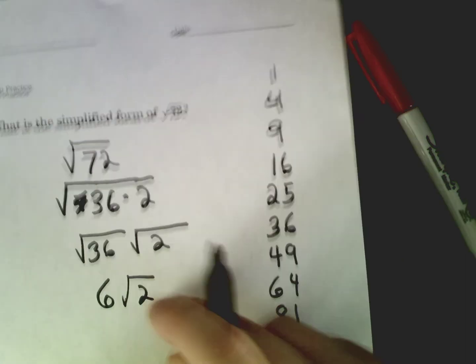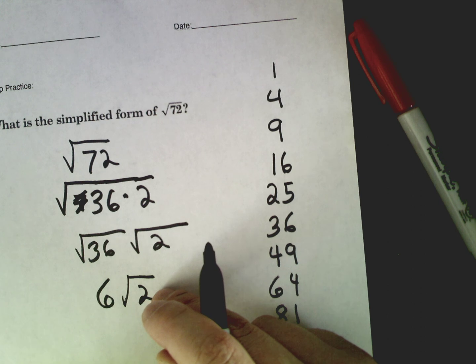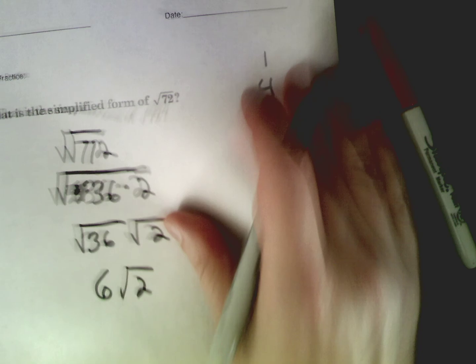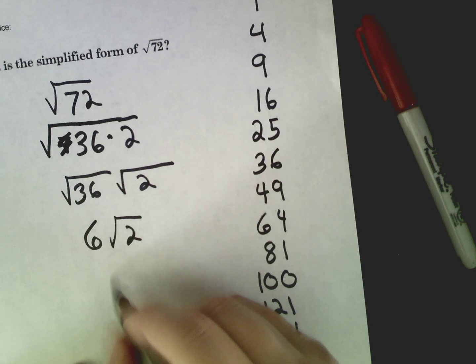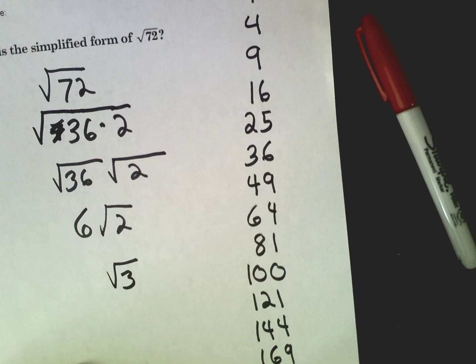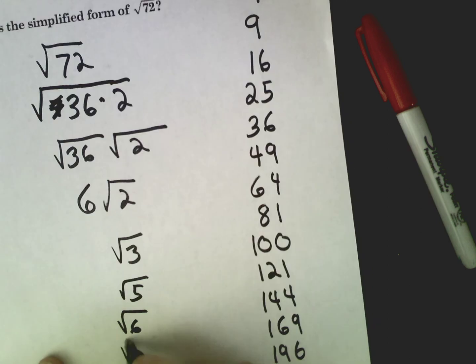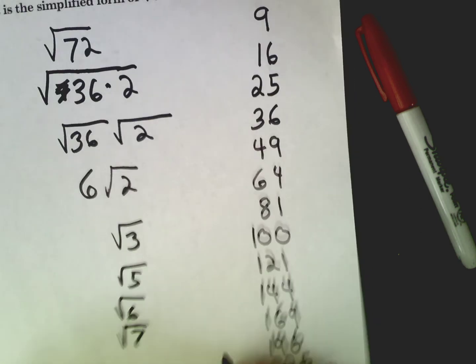You keep trying to reduce these radicals until you get something like a square root of 2. Square root of 3 is another one. Those you can't work with. Square root of 5 you can't work with. Square root of 6 you can't work with. Square root of 7, nothing you can do.